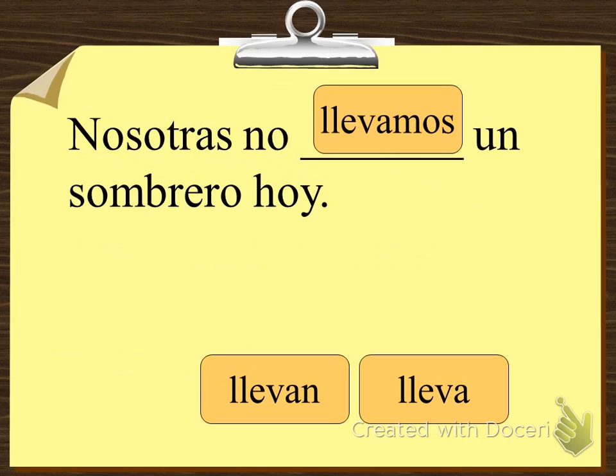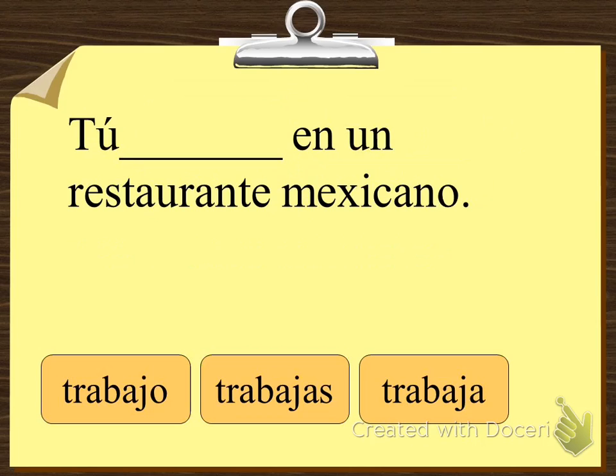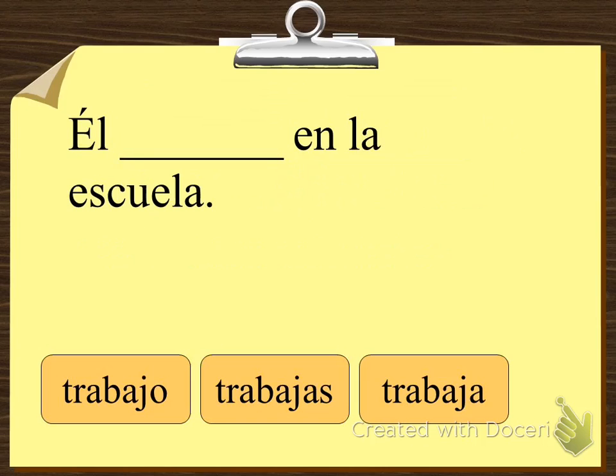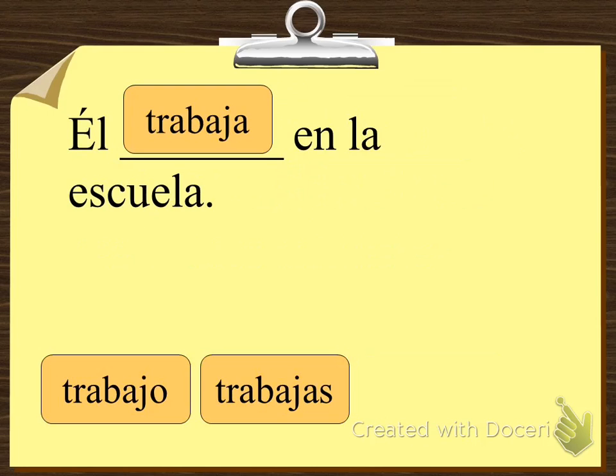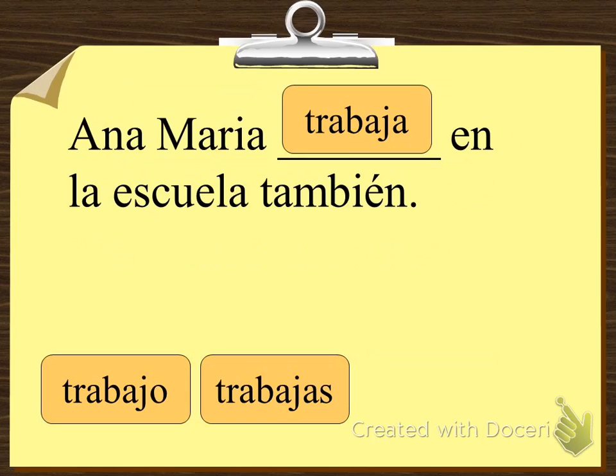Llevamos. The no doesn't make a difference there. The no just makes it a negative sentence. We don't wear a hat today. Trabajo. Ellas. Trabajas. Good. Trabaja. Trabaja.